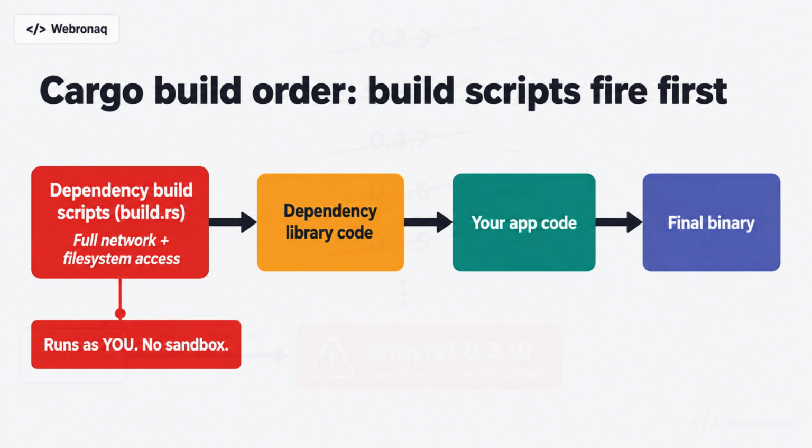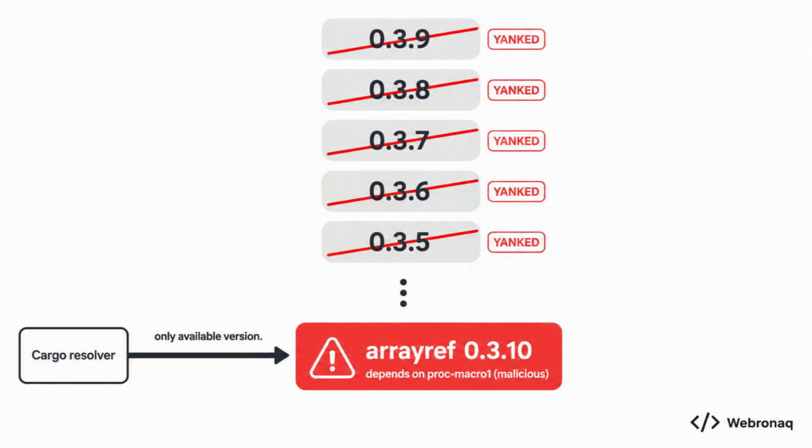So how did the attacker make sure developers actually pulled the poisoned version? They used a clever 2-move trick. First, they published arrayref 0.3.10, which secretly pulled in the malicious proc macro 1 package as a dependency. That happened on August 20, 2026. At the same time, in the same scripted burst, they yanked versions 0.3.5 through 0.3.9 of arrayref.